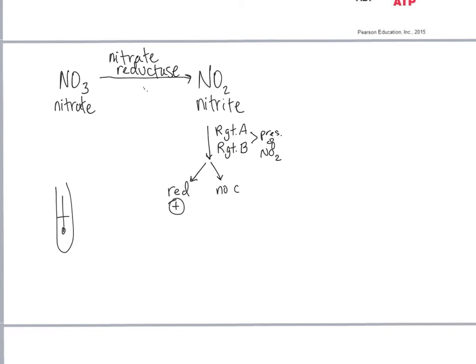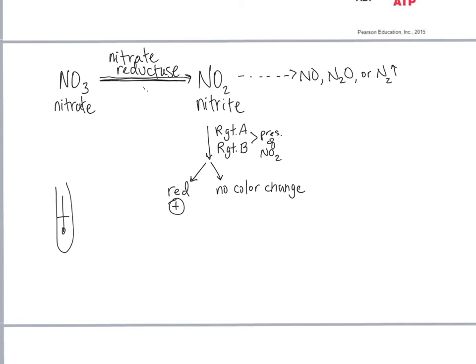Well, if we get no color change, we have to consider the possibility that the organism may have had this enzyme, and it also had other enzymes that further reduce nitrite in a stepwise way into nitric oxide, nitrous oxide, or nitrogen gas.